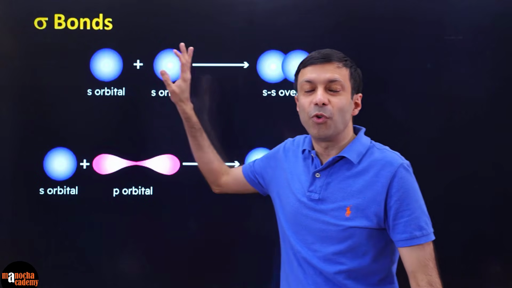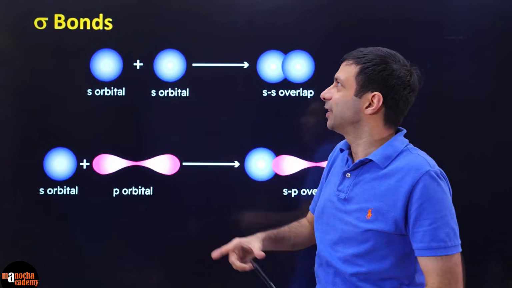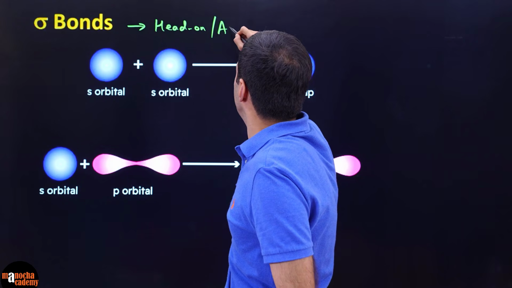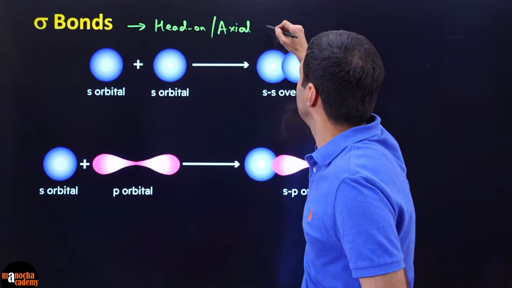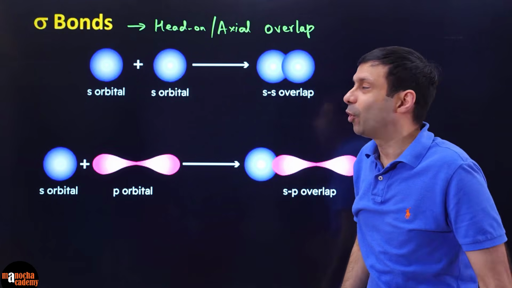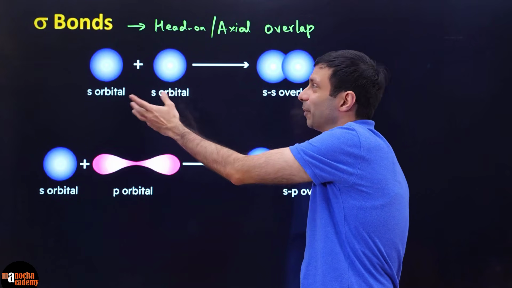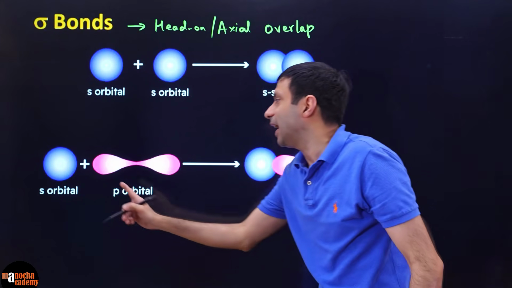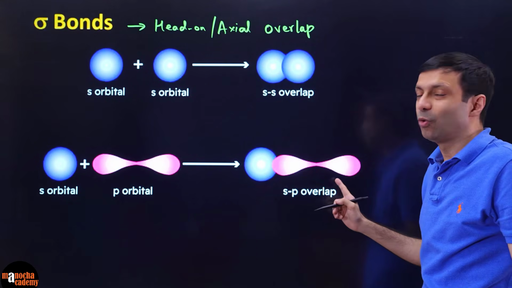So here's a summary of what we have learned about sigma bonds, that sigma bonds are formed by a head-on or an axial overlap along the axis of the nucleus, and a sigma bond can be formed by an ss orbital overlap. These two sphericals can overlap to form your sigma bond, or an sp overlap like this.